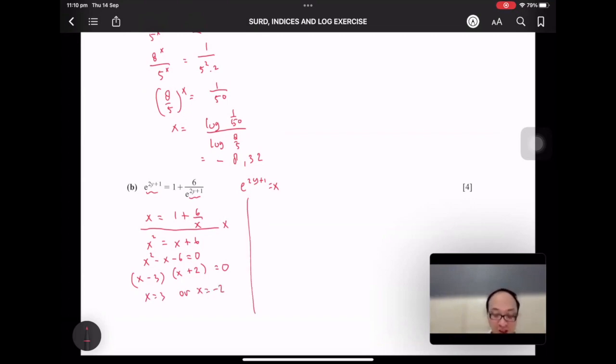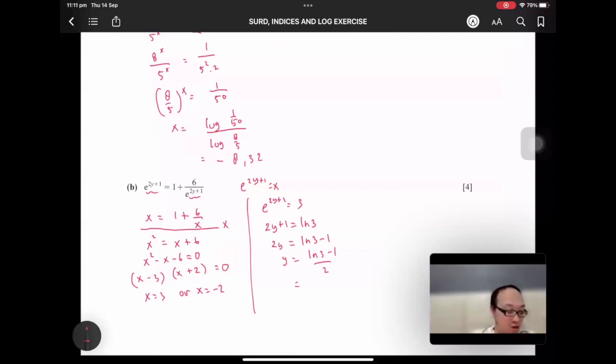Again, change back x. So e^(2y+1) equals 3. So to remove the e, we have to use ln: 2y plus 1 equals ln 3. So 2y equals ln 3 minus 1. y is (ln 3 minus 1) over 2, so it's (ln 3 minus 1) divided by 2, 0.0493.